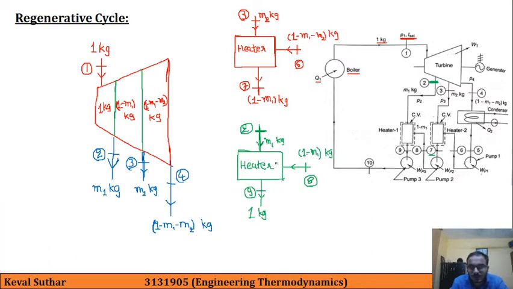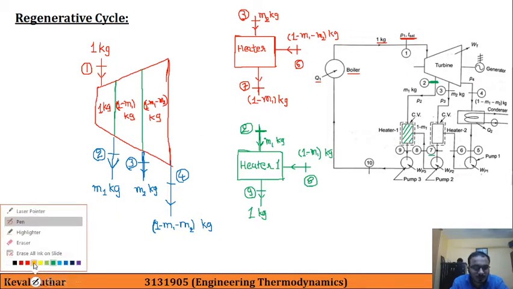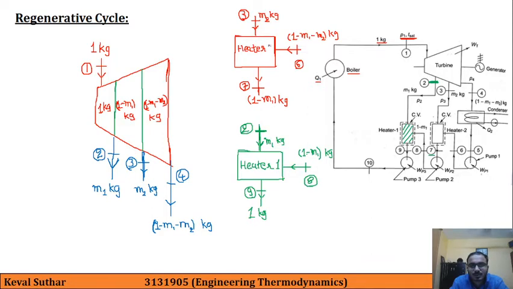So this will be our heater 1, which is this portion that we have discussed, and previously we have discussed about heater 2, which is this one. So only the error was in writing the sequence of heater. The remaining things are as it is.